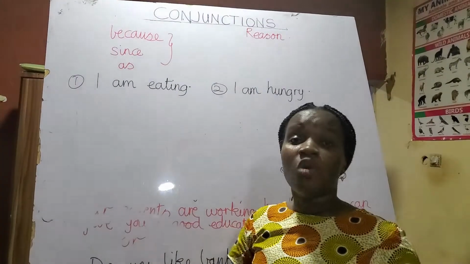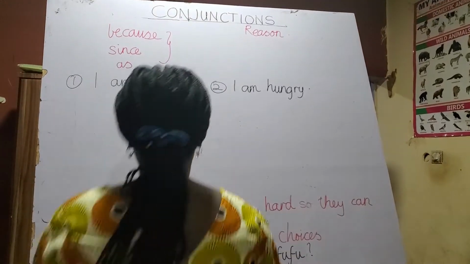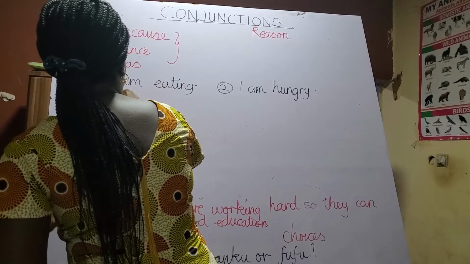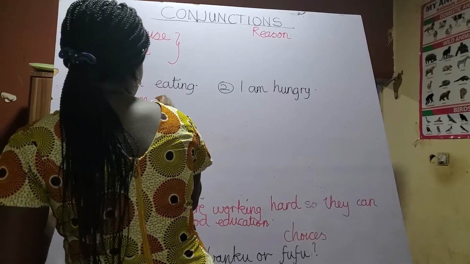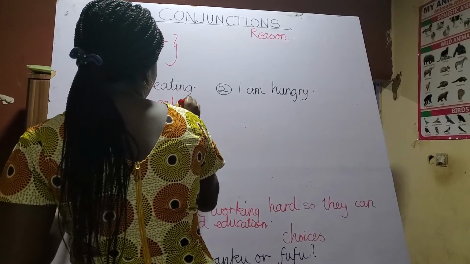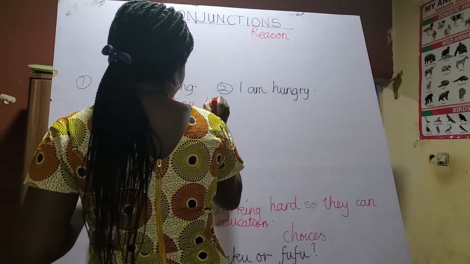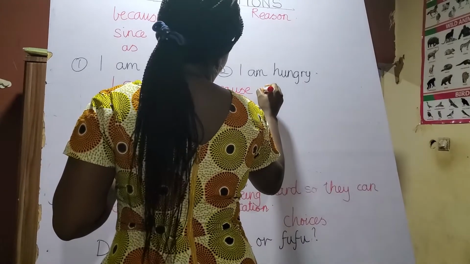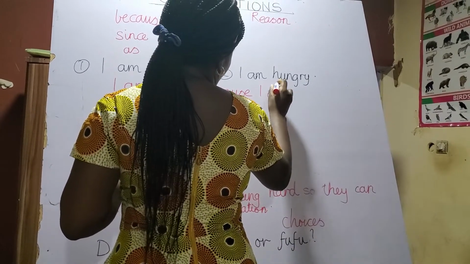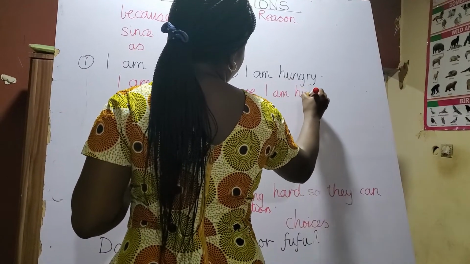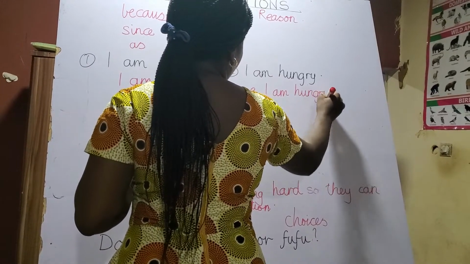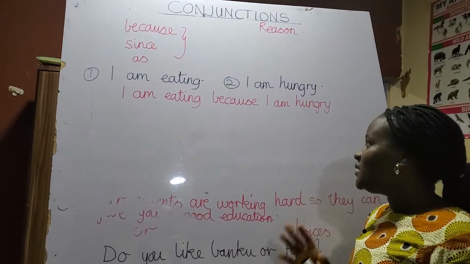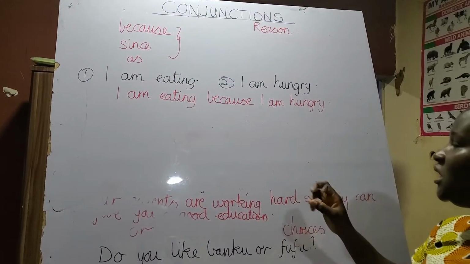You are eating because you are hungry. So that is the reason why you are eating. So let's join the sentences and see. I am eating because I am hungry. Good. So we have successfully joined these two sentences using the conjunction because.